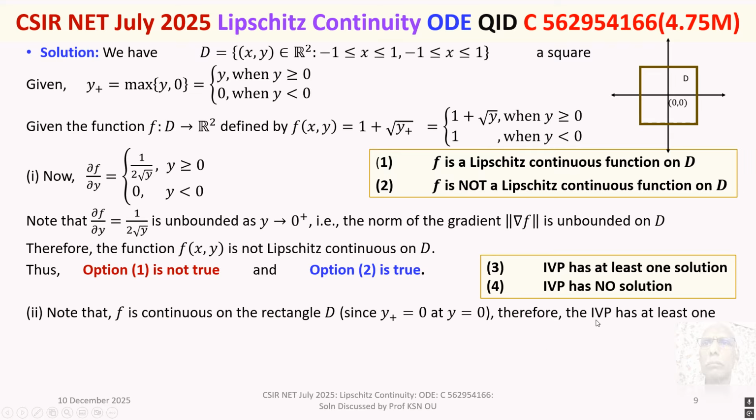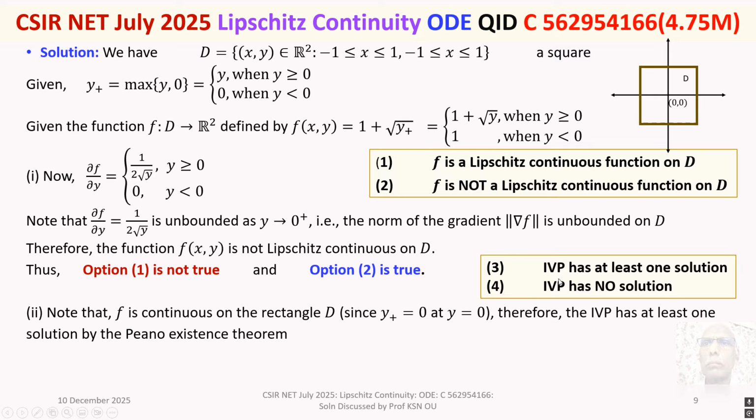Therefore, the initial value problem has at least one solution by the Peano existence theorem. We have already seen it's not Lipschitz continuous. If it is Lipschitz continuous, there exists a unique solution. But it is not Lipschitz continuous, just continuous on the rectangle D. Therefore, the initial value problem has at least one solution by the Peano existence theorem.